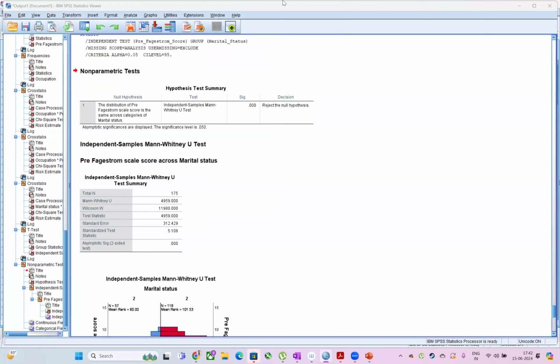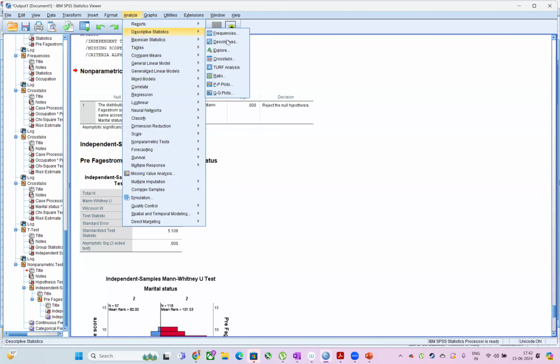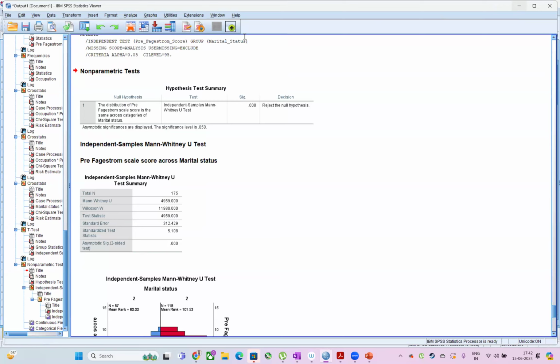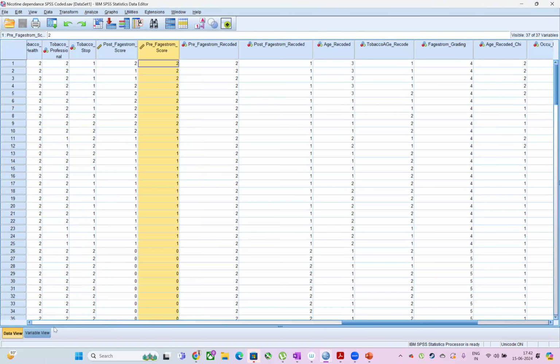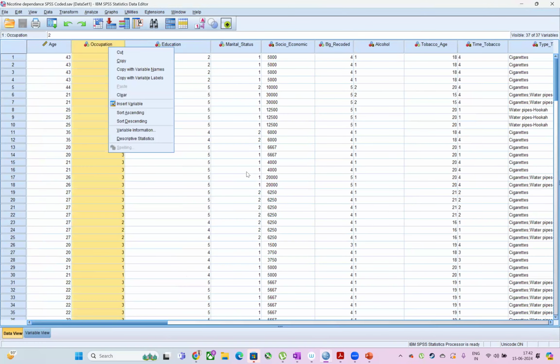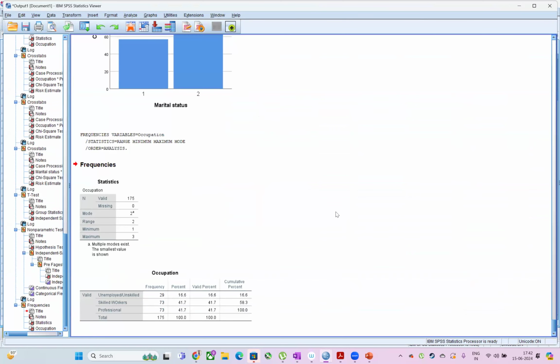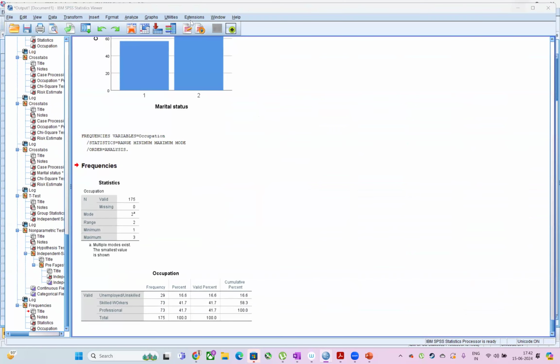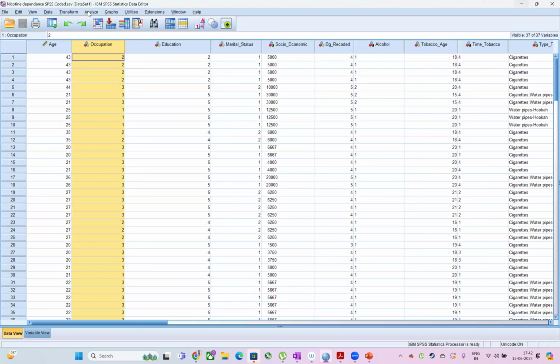Now, the independent variable had only two categories. Marital status: you have the married, you have the unmarried. Now, what if I choose the occupation? Occupation has three categories: unemployed, skilled workers, and professional. Now I want to find the association with the nicotine dependent score. Consider it as normally distributed. What test am I going to use?